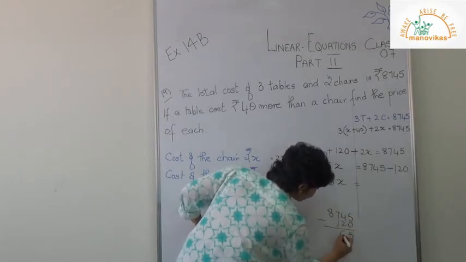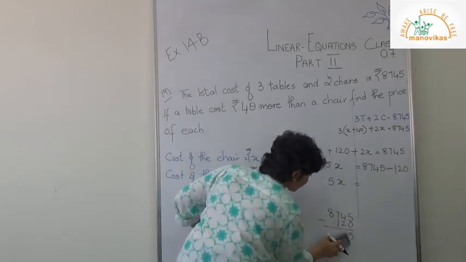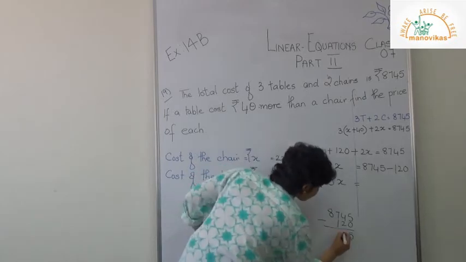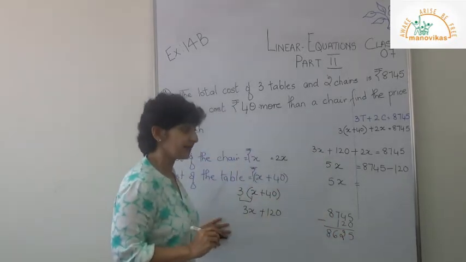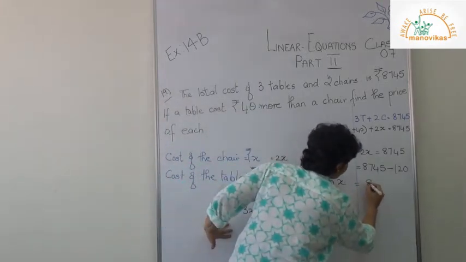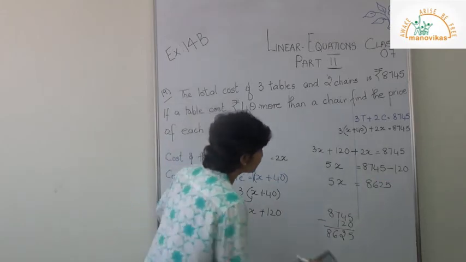I get 5. 4 minus 2 is 2. 7 minus 1 is 6, and 8. Correct? So I get 8625. So what is X equal to, children?